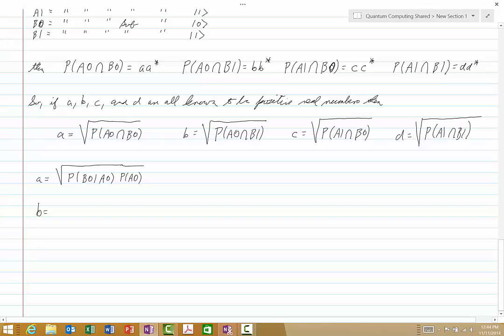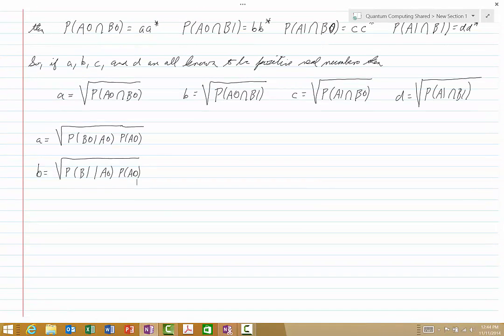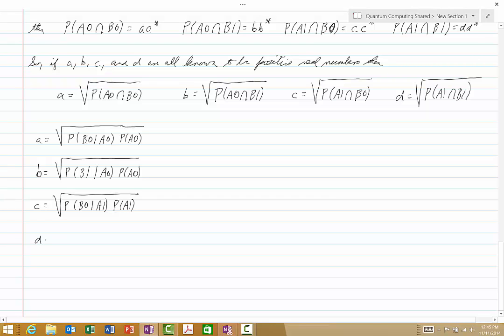And so B would be the square root of P of B1 given A0, P of A0, C is the square root of the probability of B0 given A1, P of A1, and finally D is the square root of the probability of B1 given A1 times the probability of A1.